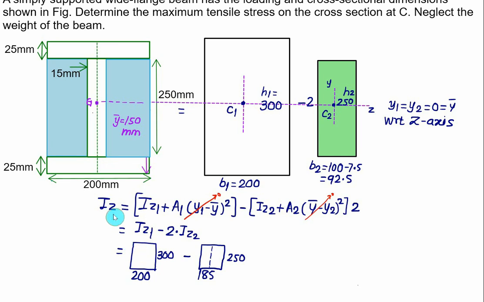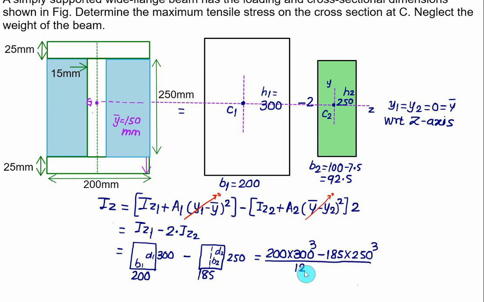So we can very well calculate the moment of inertia Iz. It's a simple BD cube, that is B1 D1 cube, and we'll call this B2 D2 cube. So in this case we have 200 multiplied by 300 cube, minus 185 as the base and the depth is 250, cubed, and divided by 12.